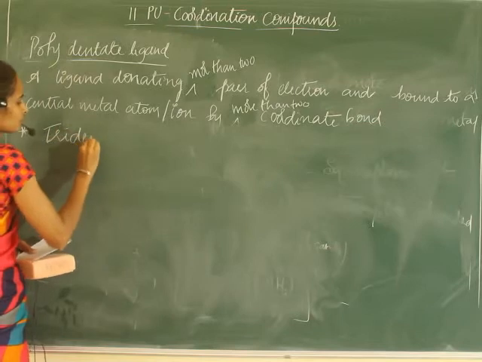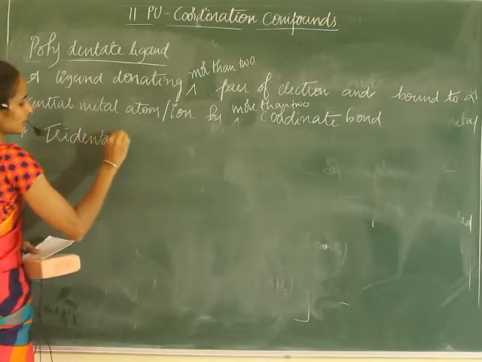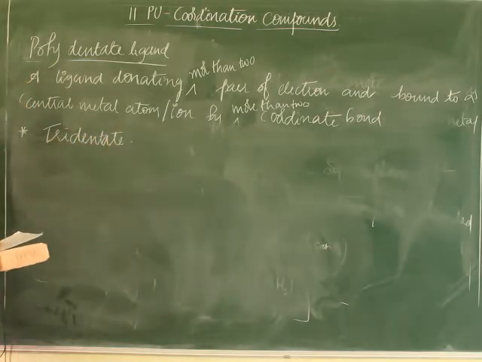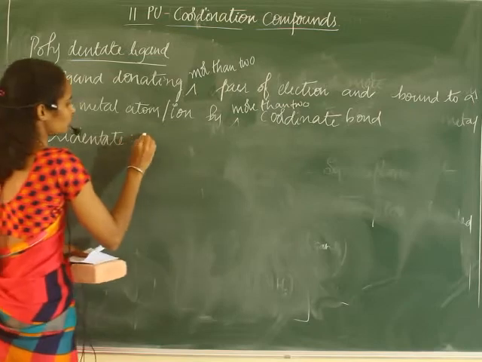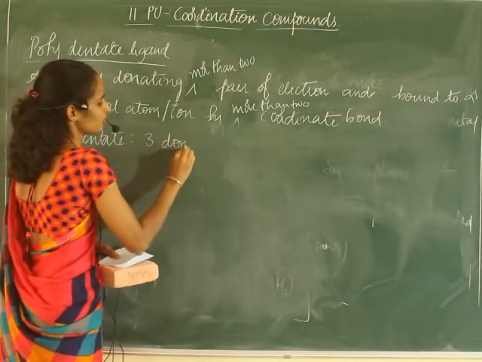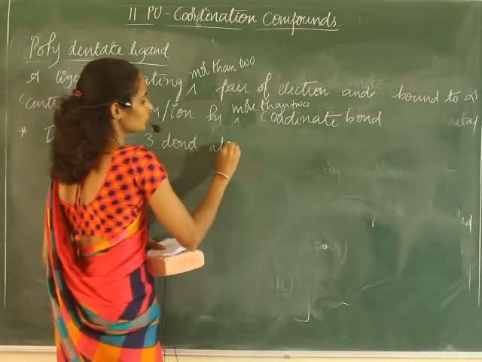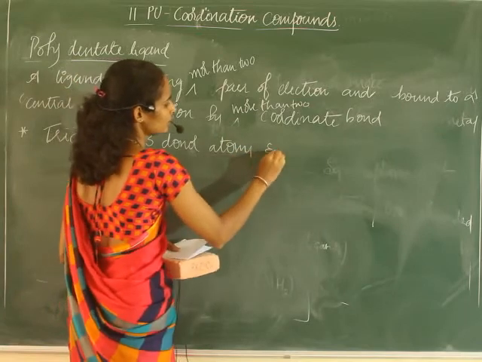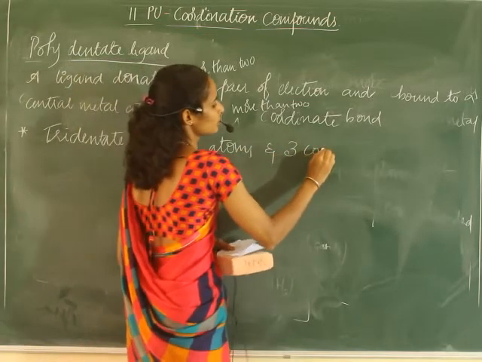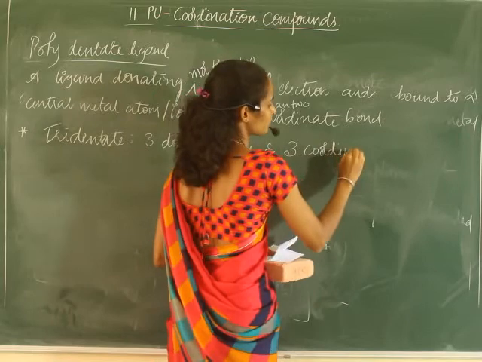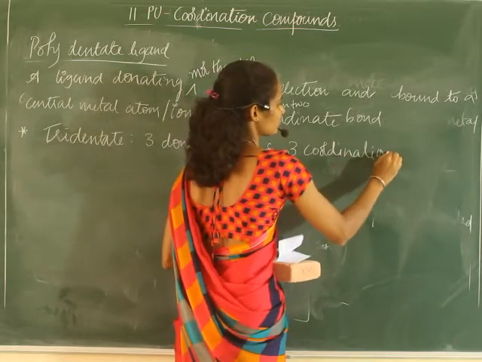This polydentate ligand may be tridentate. What are tridentate ligands? There will be 3 donor atoms or donor groups and 3 coordination bonds.